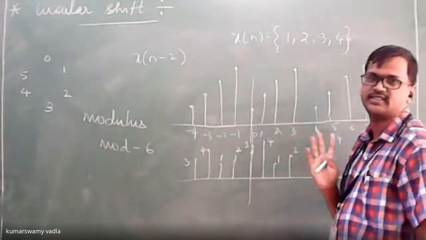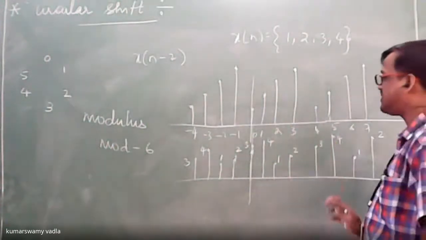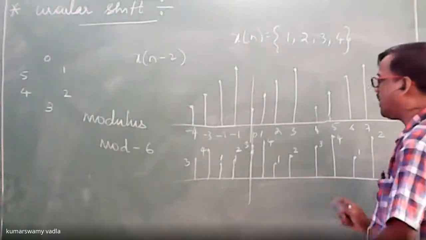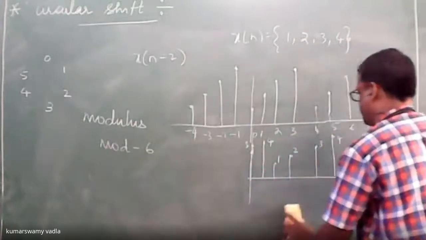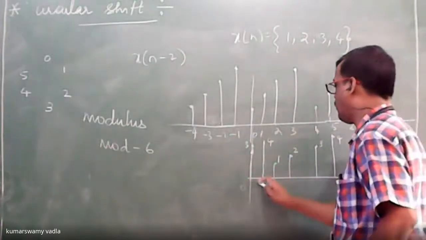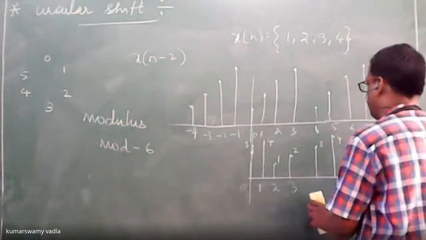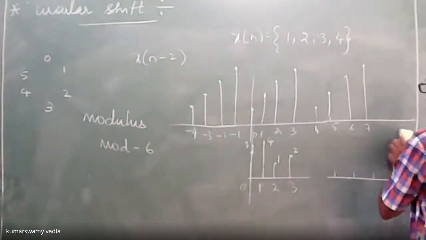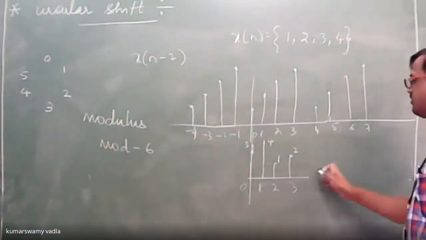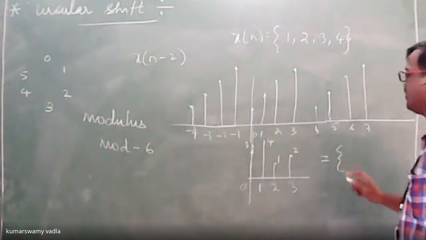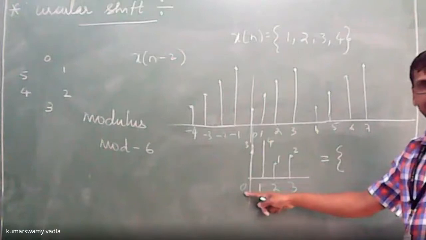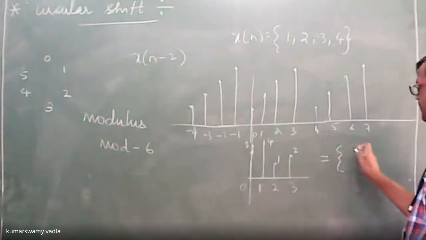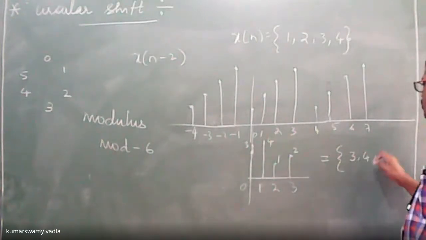See here, friends. If I want to see only 0 to 3 samples, 0, 1, 2, 3, and I removed all the remaining, what do you get here? What is there across 0? 3, sir. 3, 4, 1, 2.